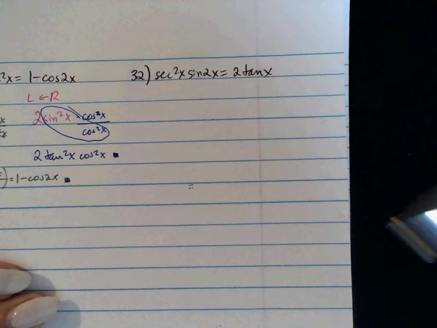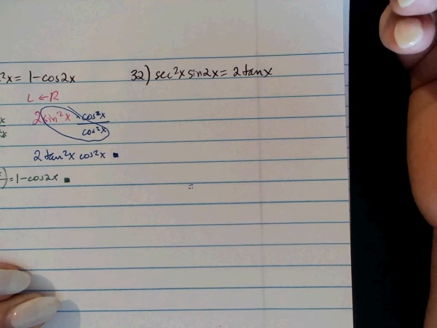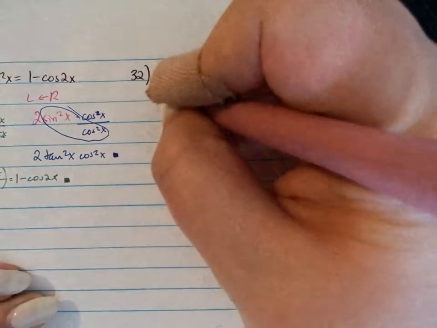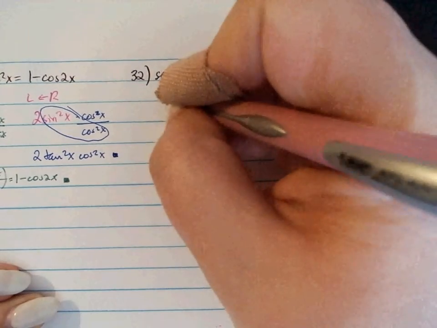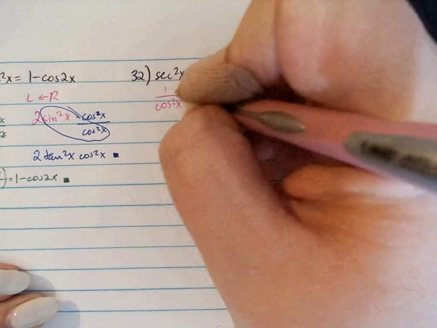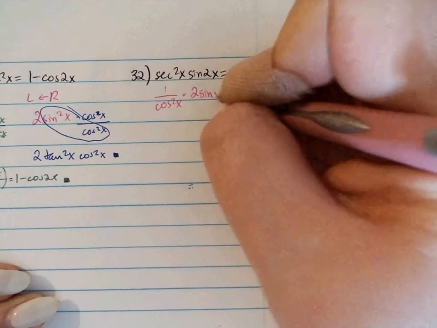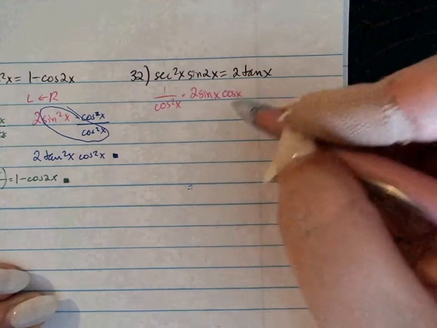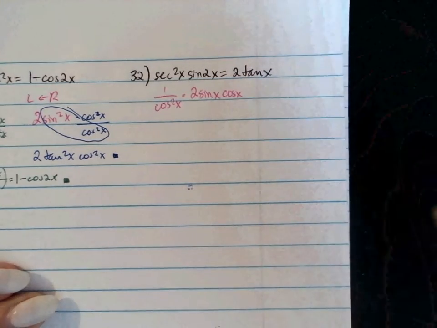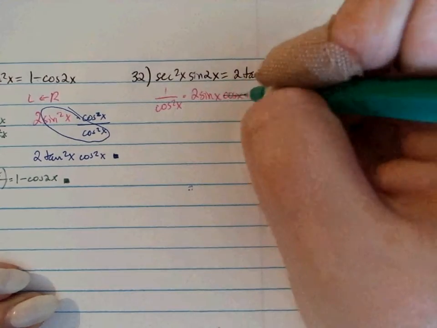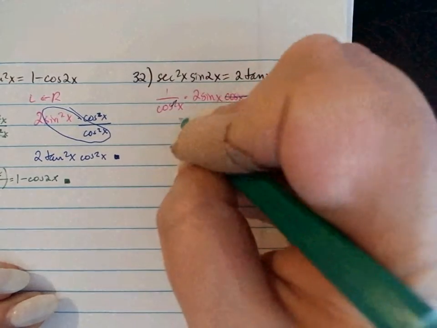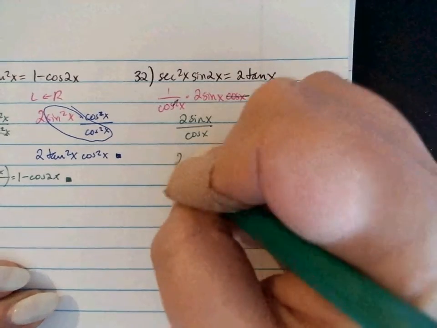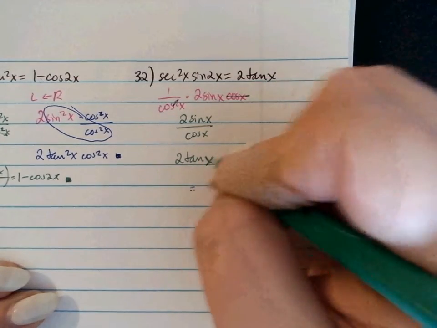So when I look at this one, sine of 2x is definitely something I want to replace because I prefer just single angles. So I'm going to go ahead and rewrite this as 1 over cosine squared times 2 sine cosine. So sine 2x is 2 sine cosine. Then I see I've got a cosine in the numerator, 2 cosines in the denominator, so one of those cancels out with one of those, and I'm left with 2 sine divided by cosine, and sine divided by cosine is tangent. So 2 tangent.